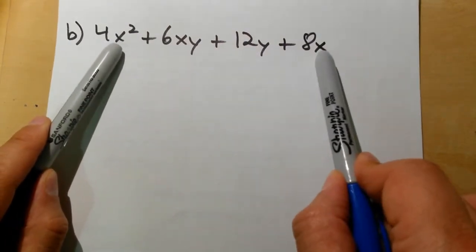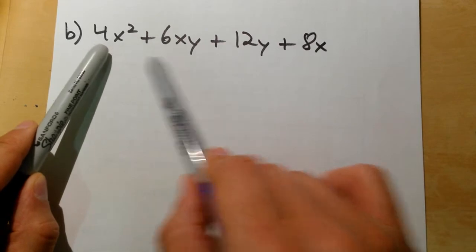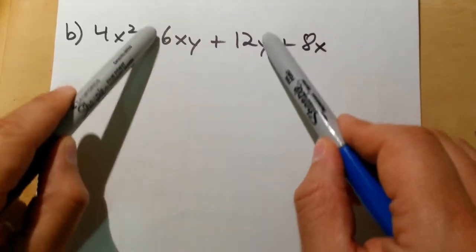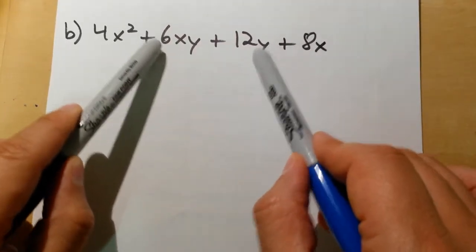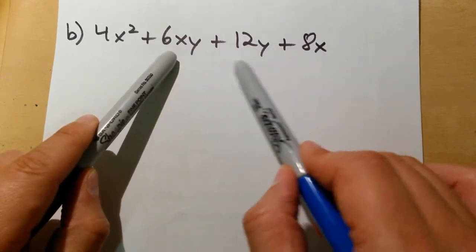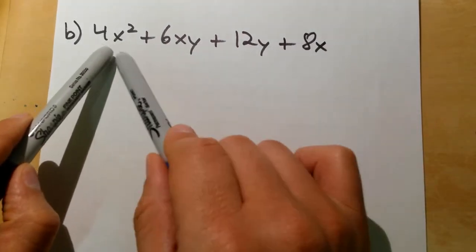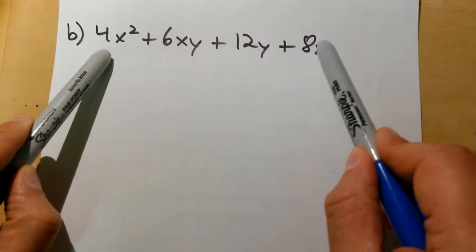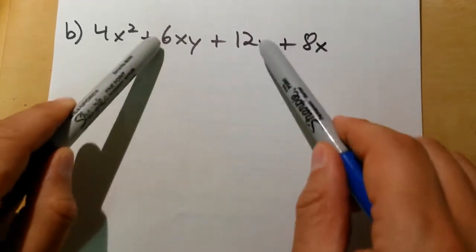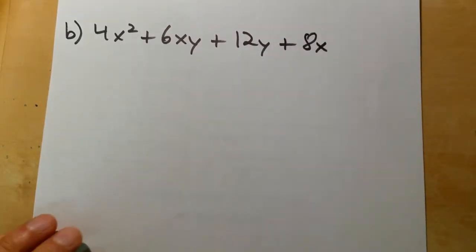And you can also see that x is common, so we can choose to do that. And then we can choose to factor these two, because 6 and 12 would factor out nicely, and then the y's. So I'm going to show you an example by grouping these two first, and then those two. And then you can try it out in different ways.